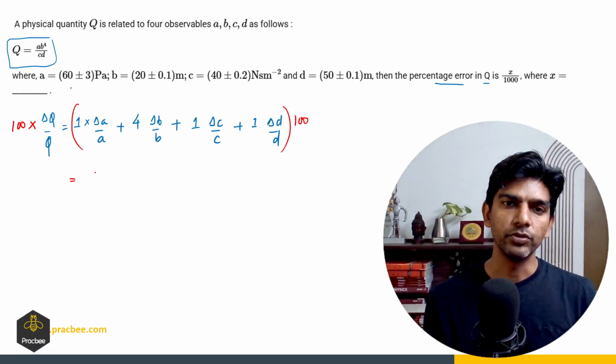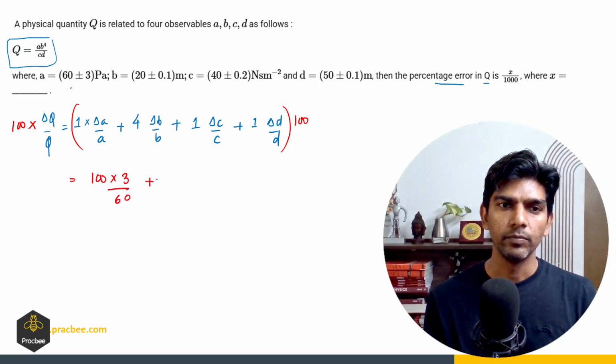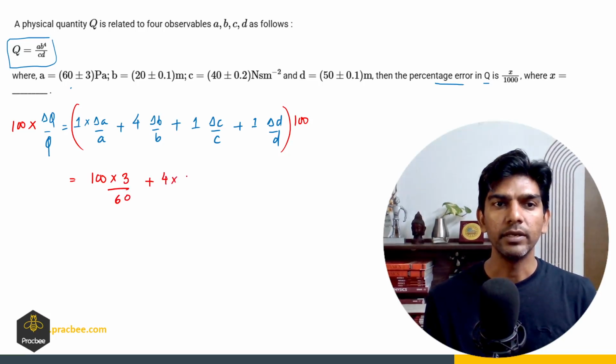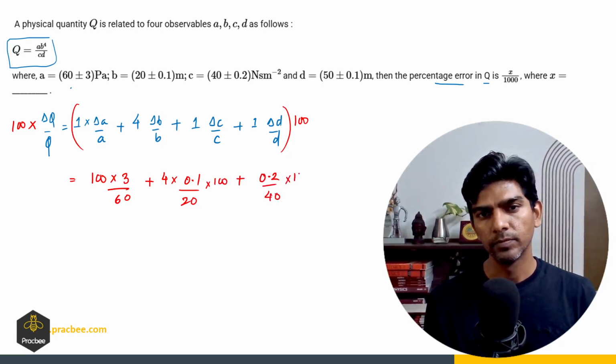So let us substitute the values. 100 times delta A, which is 3, divided by A, which is 60, plus 4 times delta B, which is 0.1, divided by 20 times 100. Delta C is 0.2 divided by 40 times 100. Delta D is 0.1 divided by 50 times 100.